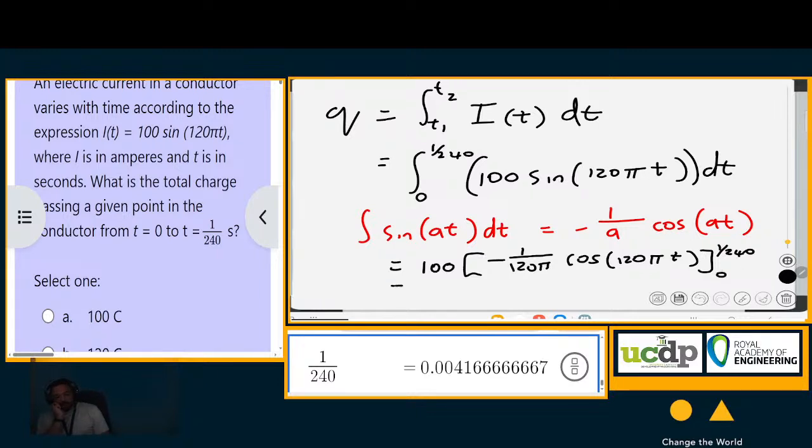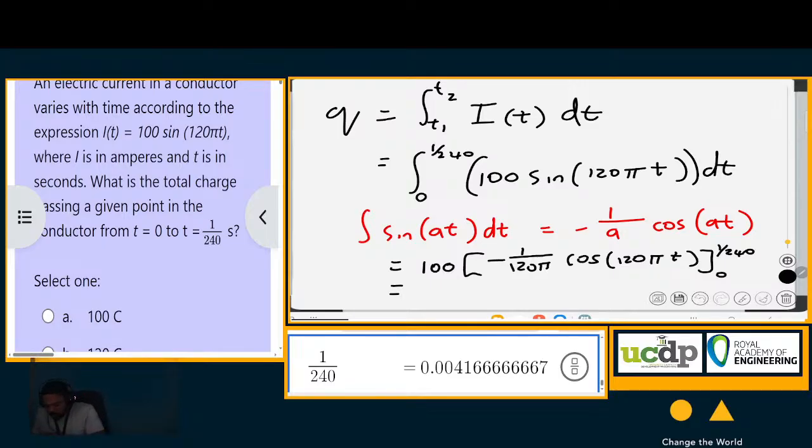Okay, if you plug in where t is 1 over 240 and then you plug in 0, you should get the following answer.